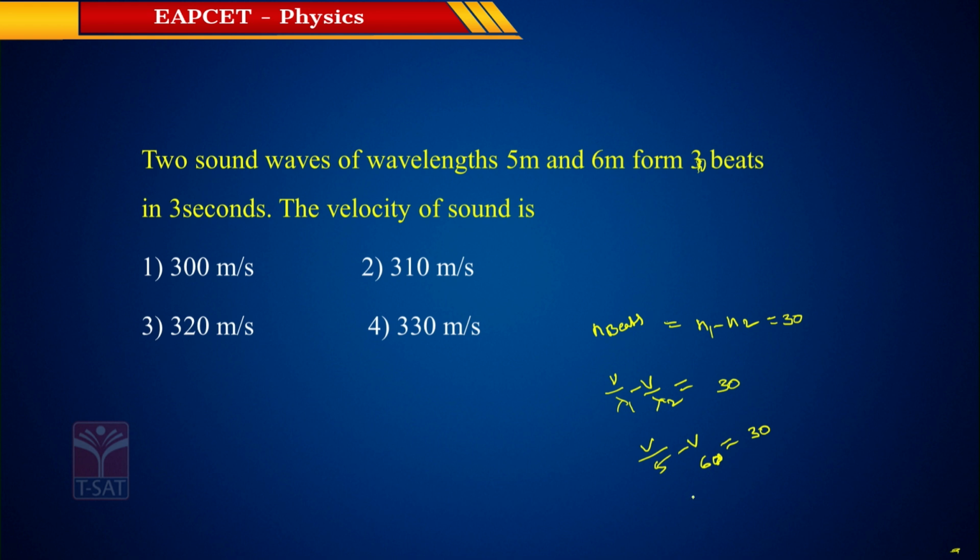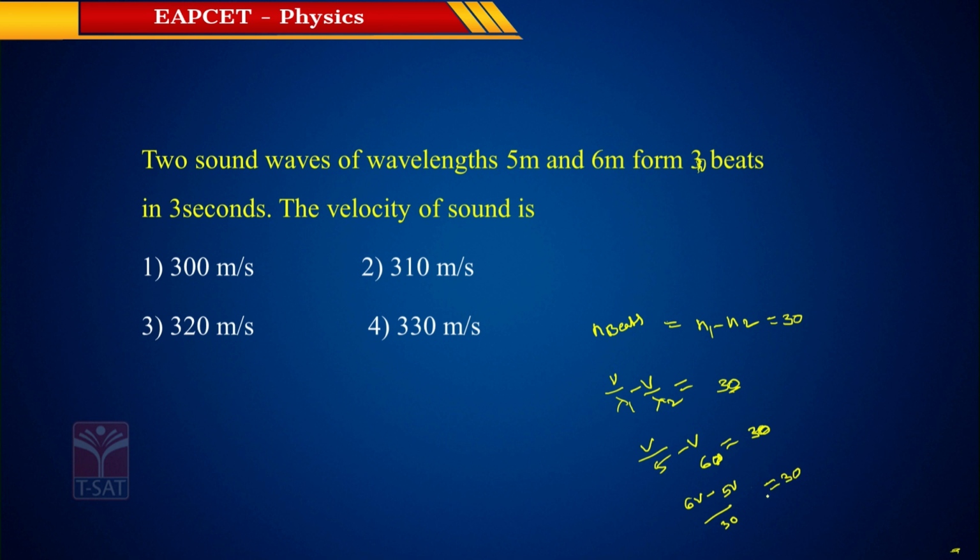This value is 6v minus 5v by 5 into 6, 30. Okay, suppose the beats value is given; suppose the beats value is just changed. Two sound waves of wavelength 5 meter and 6 meter form 30 beats. Suppose we take that 30 beats, no problem about it.